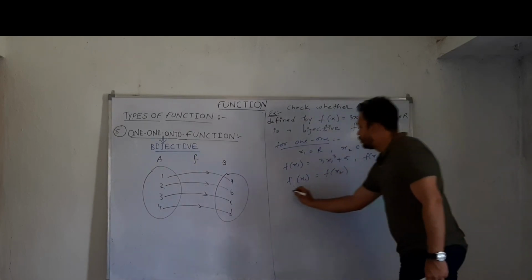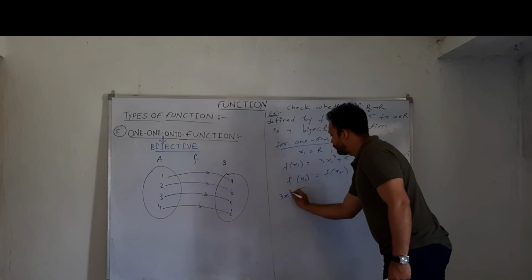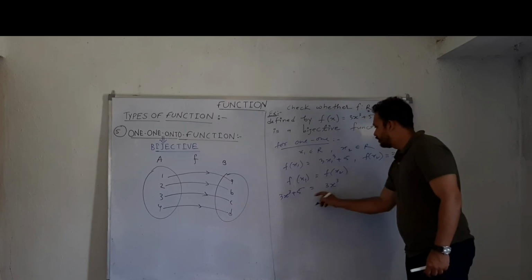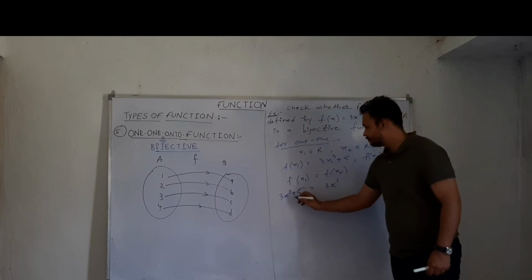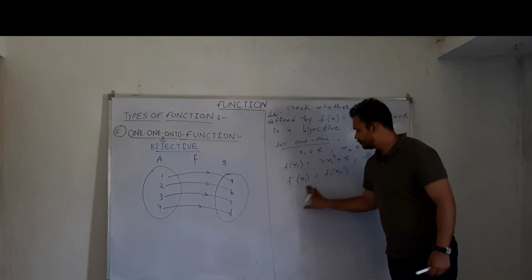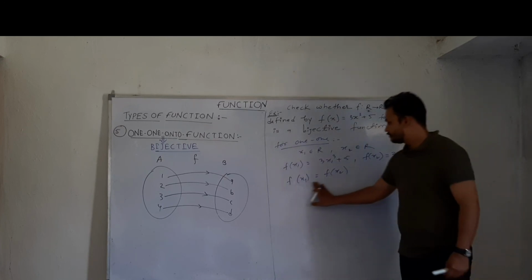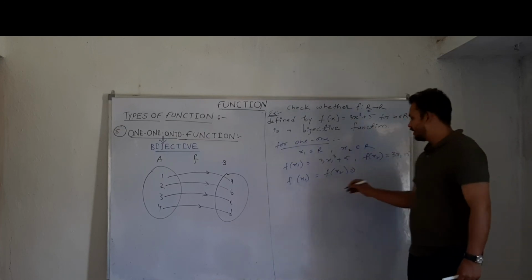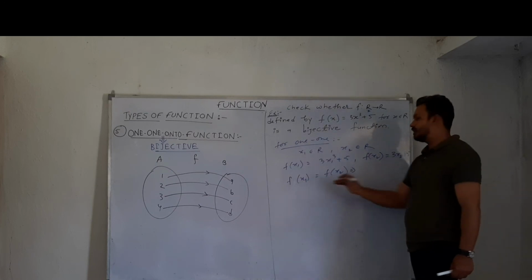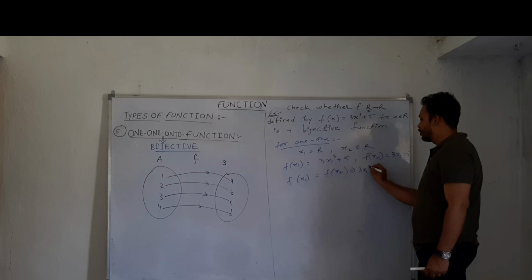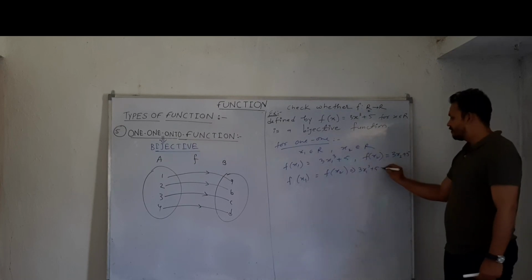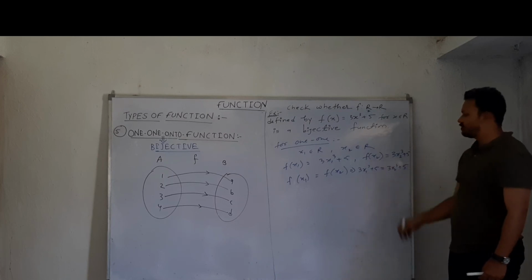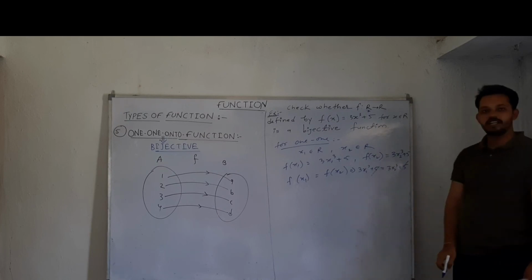So f of x1 is equal to 3x1 cube plus 5, and f of x2 is equal to 3x2 cube plus 5. 5 and 5 got cancelled.